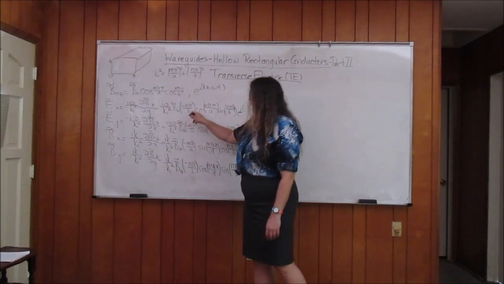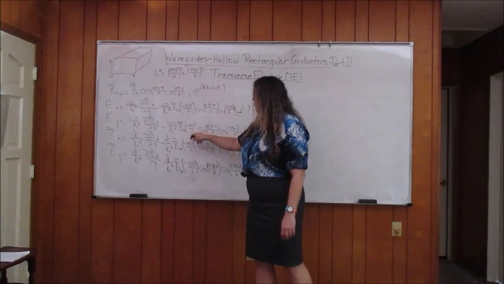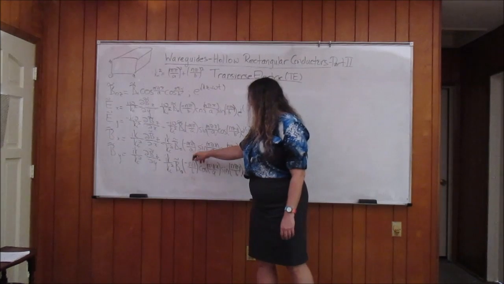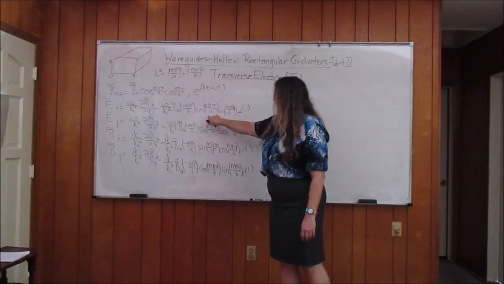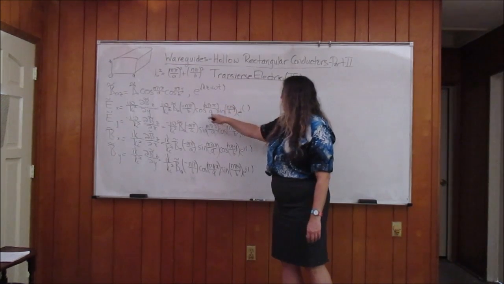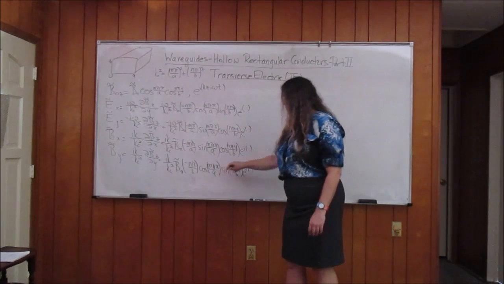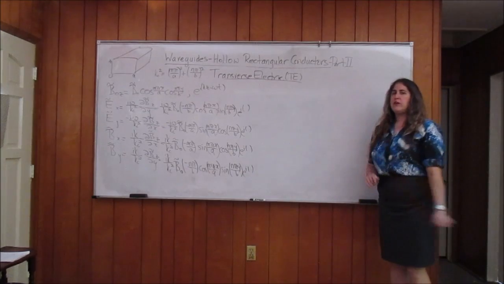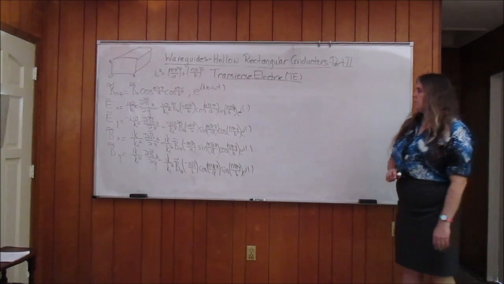This top term has, because we're taking the derivative, a factor of minus n pi over b. This is minus m pi over a, minus m pi over a, and minus n pi over b. So this is cosine, sine, sine, cosine, sine, cosine, cosine, sine, and then times the exponential. Let me leave that up there for a minute so you can copy it down and take everything in.